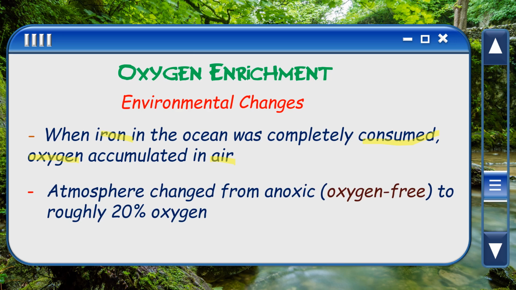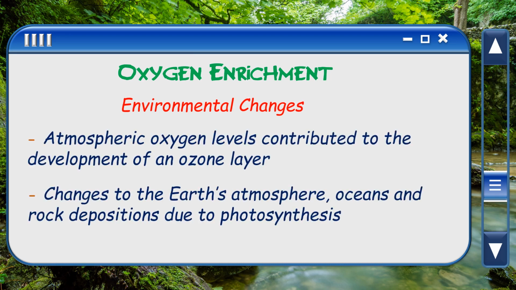When it accumulated in the air, the atmosphere changed from being anoxic, having no oxygen, to roughly 20% oxygen. Then the atmospheric oxygen levels contributed to the development of the ozone layer, and this led to further change of the Earth's atmosphere. The oceans and rock depositions due to photosynthesis.